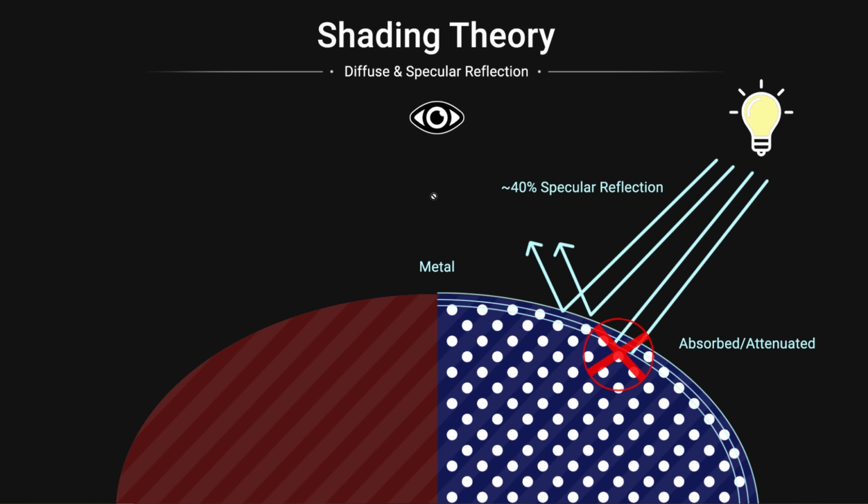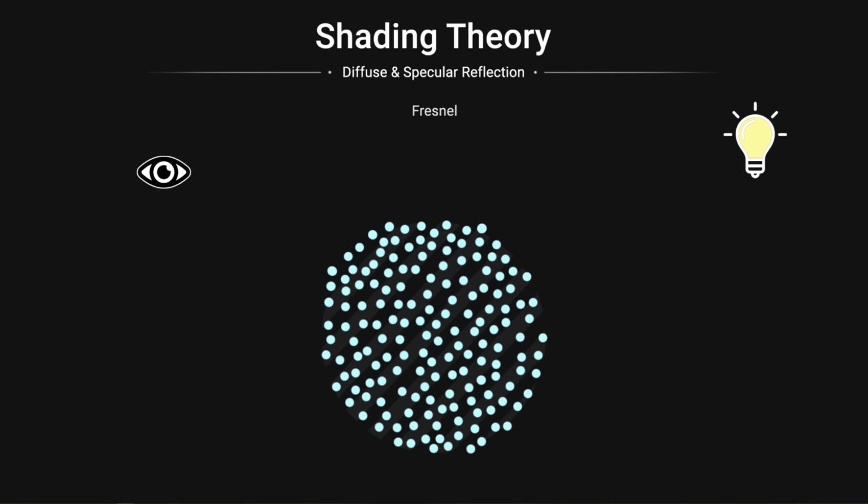Let's talk about Fresnel. Now that we know all about dielectrics, metals, semiconductors, it's better to think of objects in these terms as opposed to what we had before with the red side and the blue side. So now we have this collection of atoms right here, and let's think of this as a dielectric. We don't have that nice fancy electromagnetic shield to protect this sphere from light.